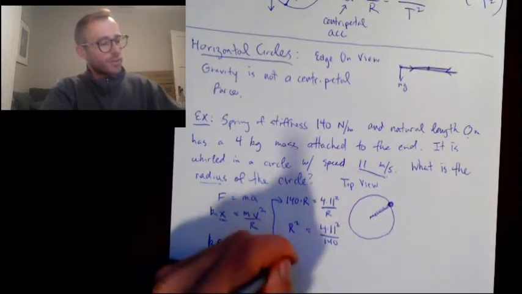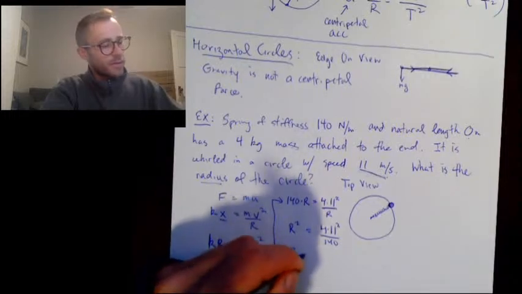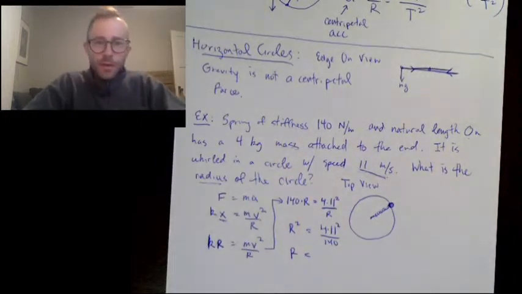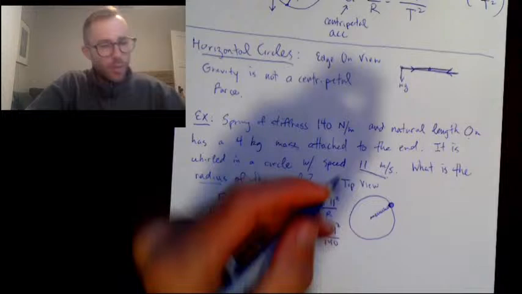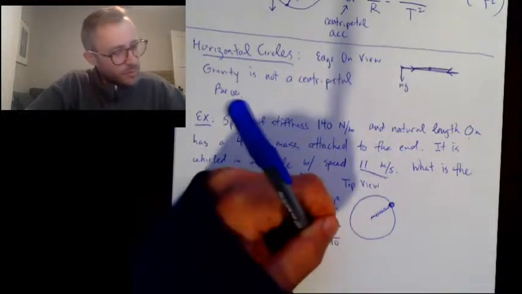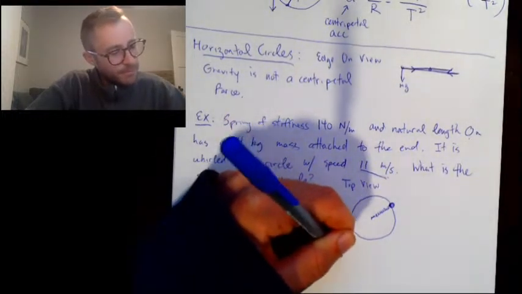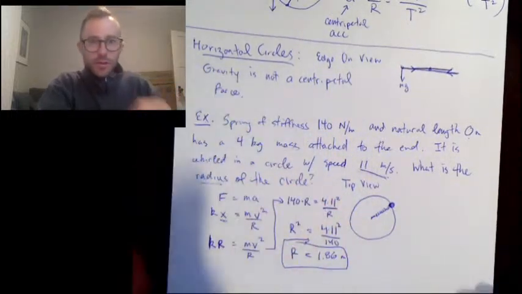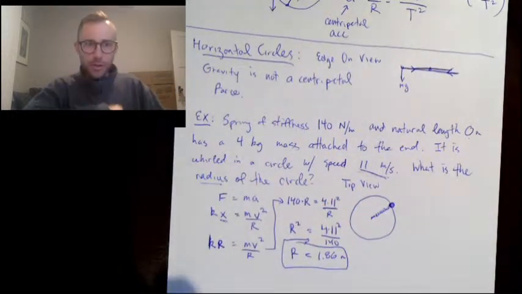So then I take the square root of that, and I get that r equals 1.86 meters. So that's how that works.